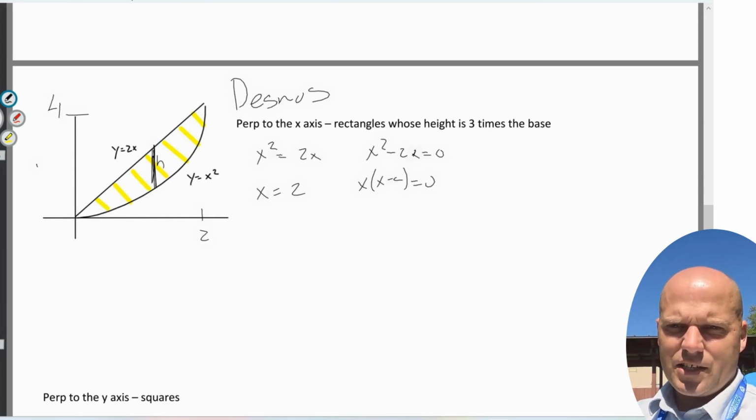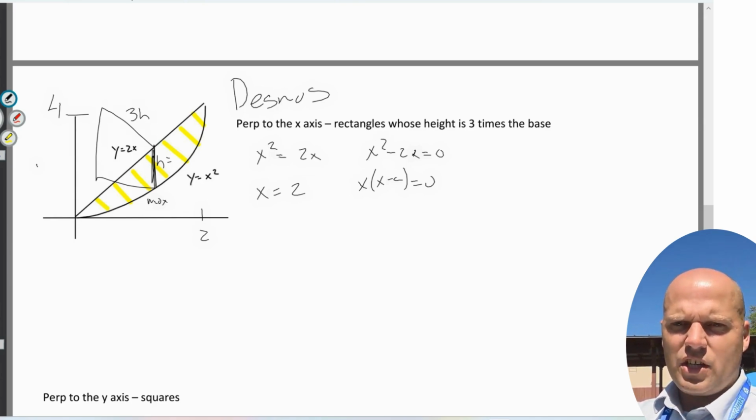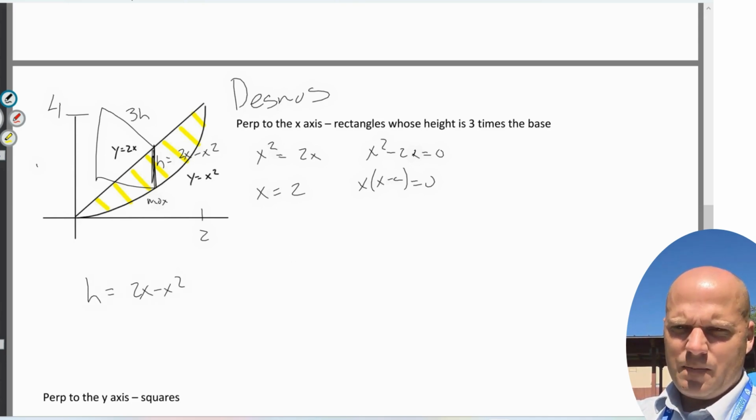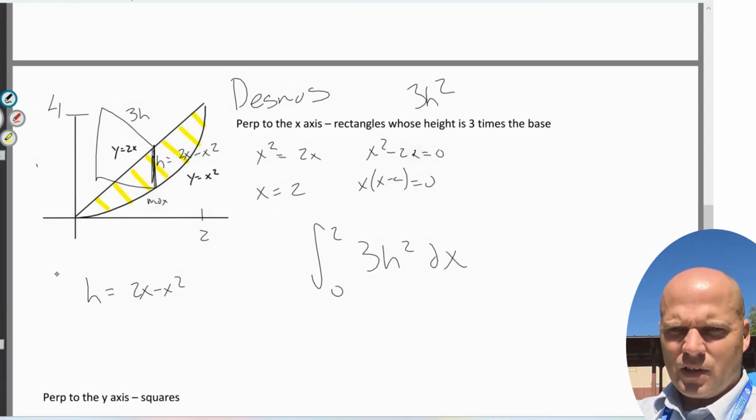All right, so these are heights. Widths are small x. We got rectangles. Height is going to be 3 times the base, so that's going to be 3h. H is y equals top minus y equals bottom. So h equals 2x minus x squared. And I want to sum up my rectangles' area, which is 3h squared times dx.